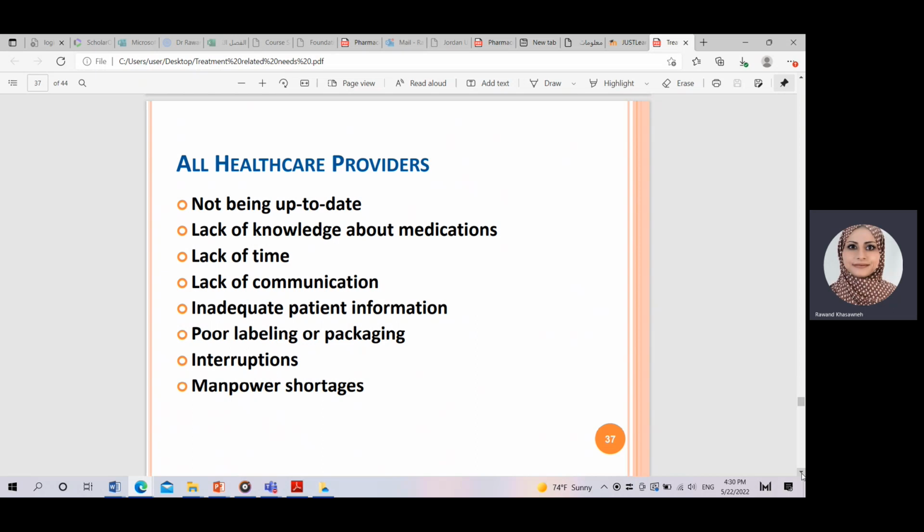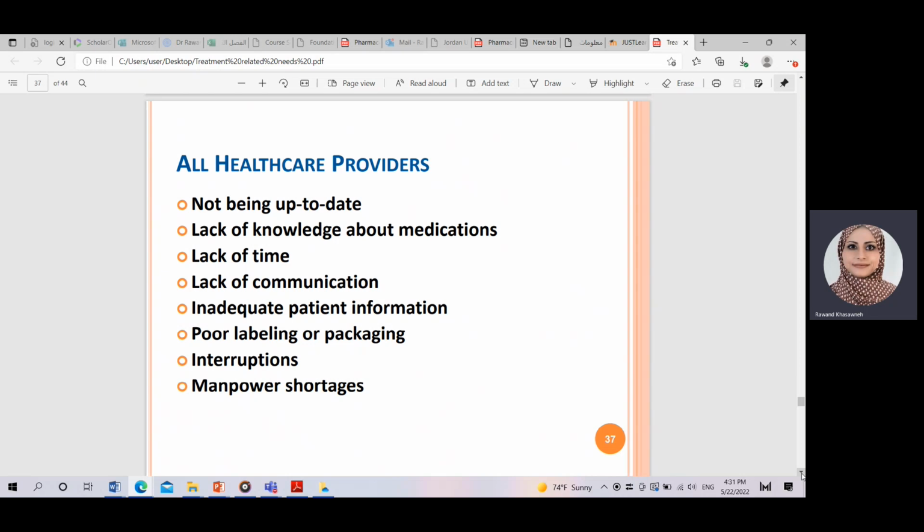Besides, all healthcare providers can be involved in medication errors if they are not able to keep up to date in the information, if they lack sufficient and effective communication with other members of the team, if they are burdened with the volume or with the workload and they lack sufficient time to dig deeper into the root causes of different medication errors.